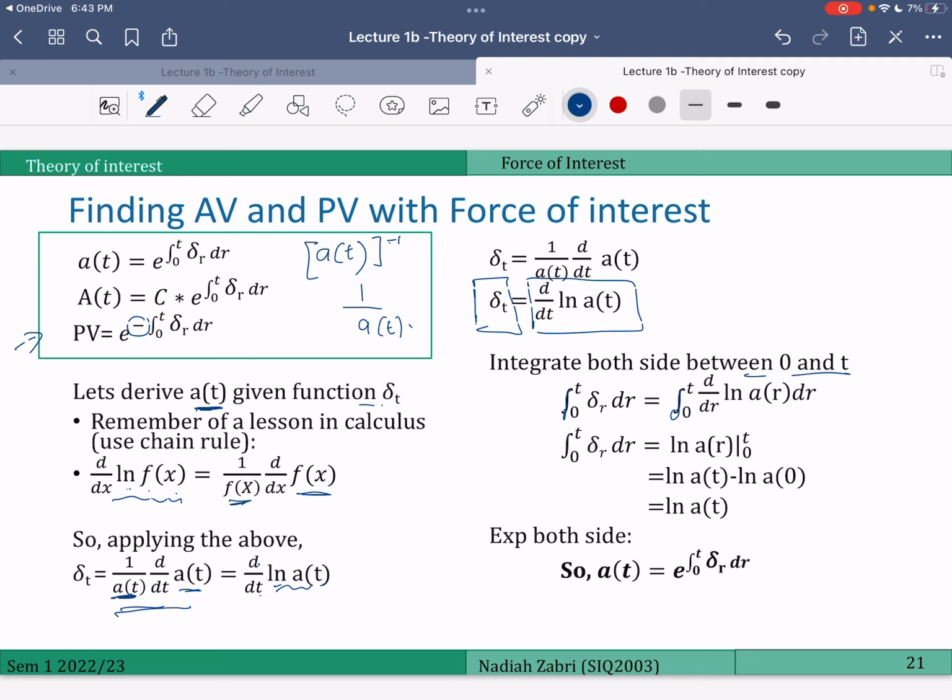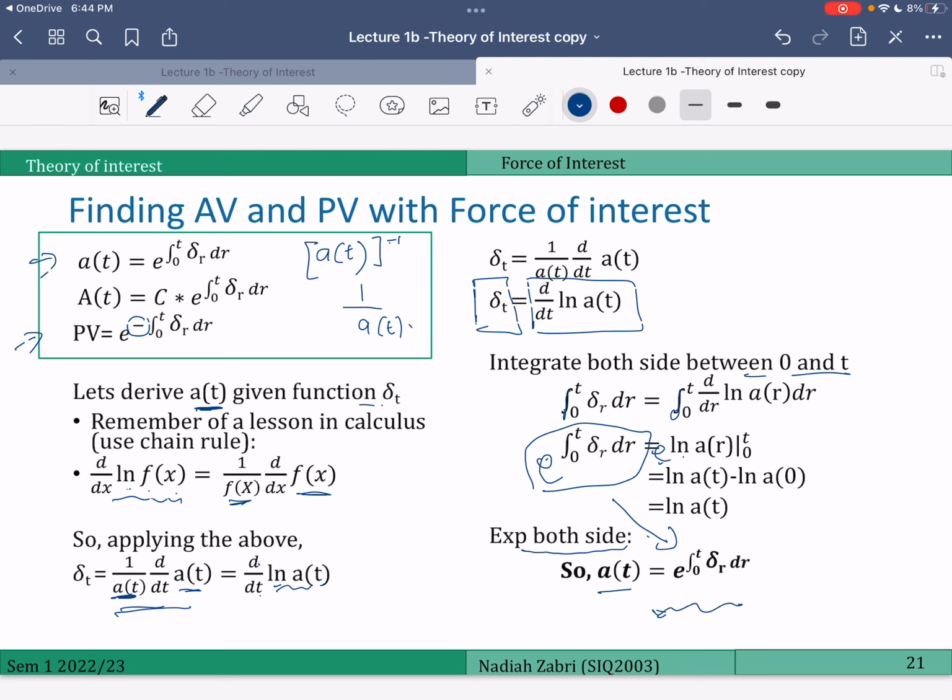And then you exponentiate both sides. So you exponentiate this side and you exponentiate this side. And the exponential of the ln, you simply get a(t). So this is what you get. So we just proved the first relationship.